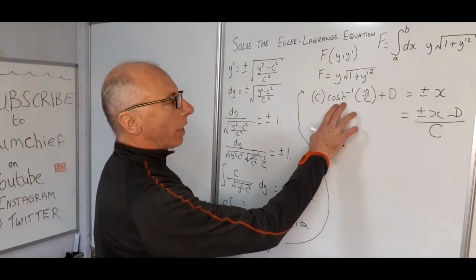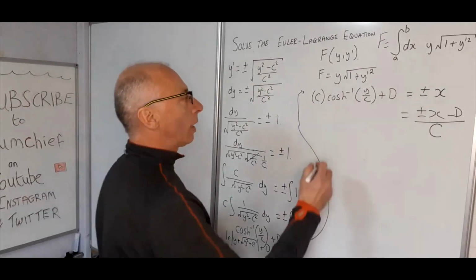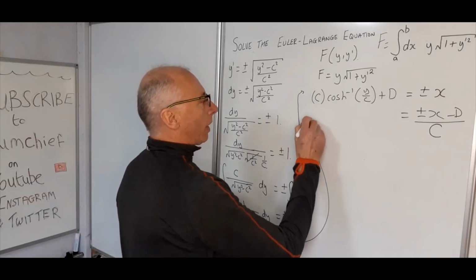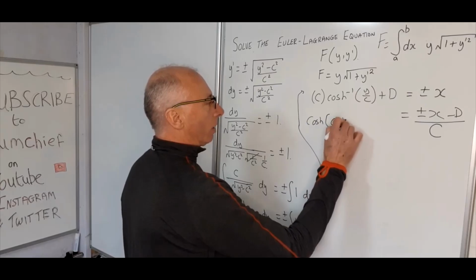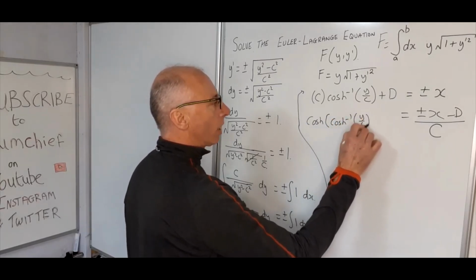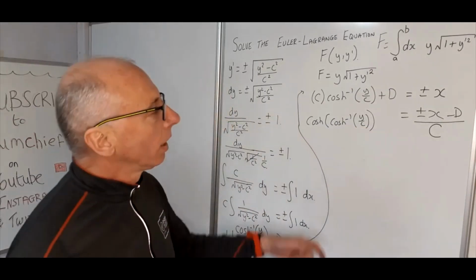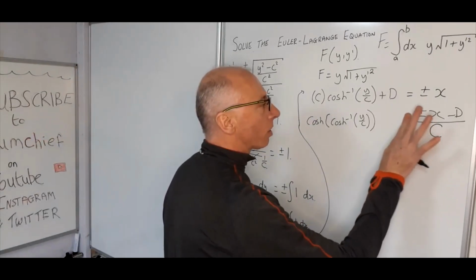Okay, so now I'm going to take the cosh of this side. I'll also need to take the cosh of that side as well. So now I'm going to have cosh of inverse cosh of y over c. That takes care of that. And now I'm just going to need to fit the cosh of this function here. So I'm just going to take this away.